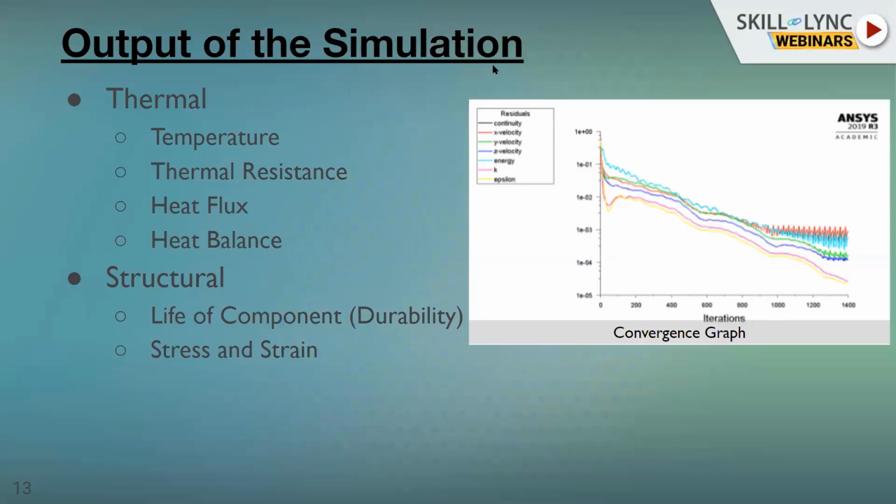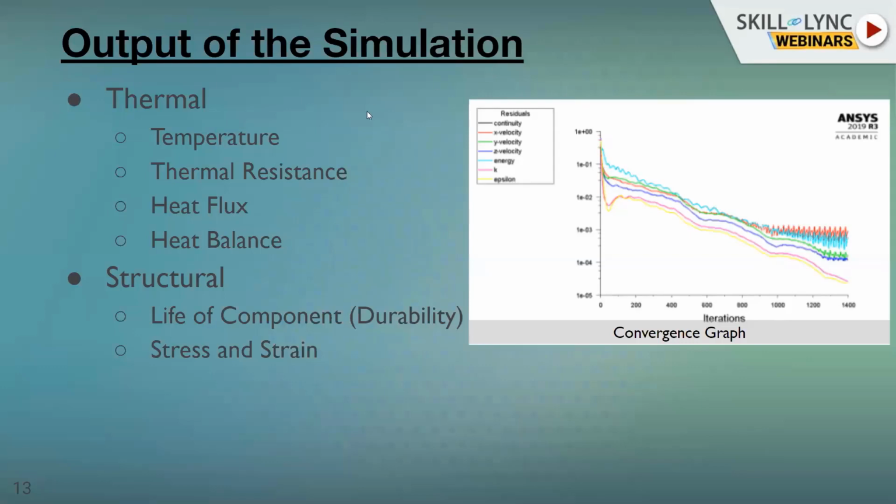In thermal: temperature, resistance, heat flux, and heat balance. Structural: the durability or life of the component. If the laptop is running for 3 days continuously, what will be the effect on the structures? What will be the output? Stress and strain.